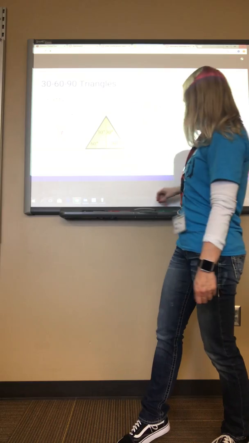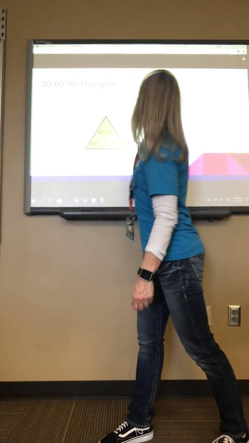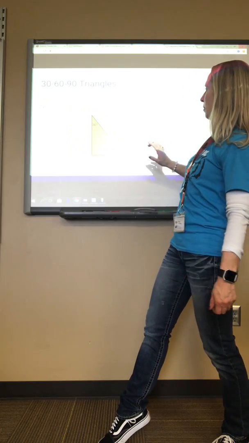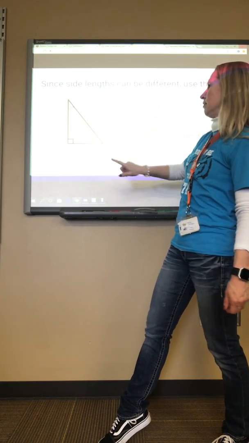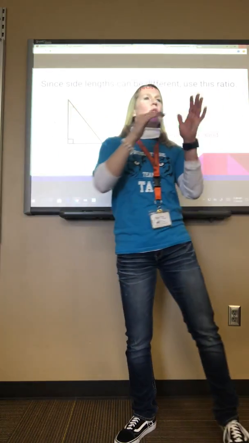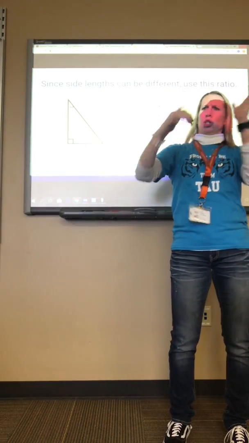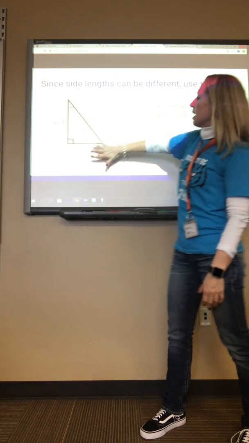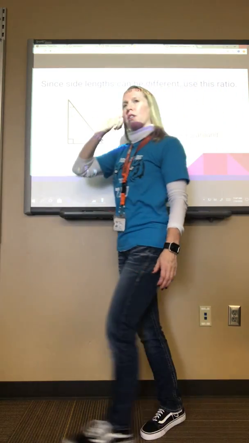Okay, so that third side is now radical 3. Not all sides, though, are 1, 2, and radical 3. We could have sides of any length. So I'm going to say x, 2x, and x radical 3.